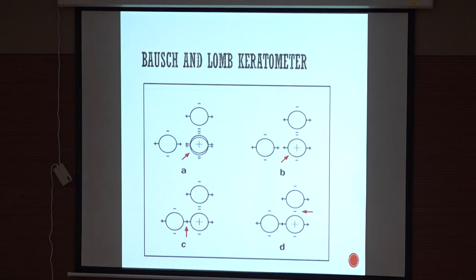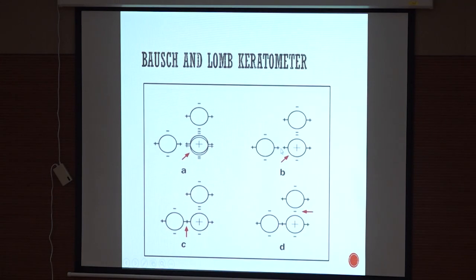This is the position where the optical axis of the instrument has now been aligned with the visual axis of the eye. Then we have to know the axis of the eye, and that can be done by rotating the axis knob until the plus signs come to lie just in opposition to each other.